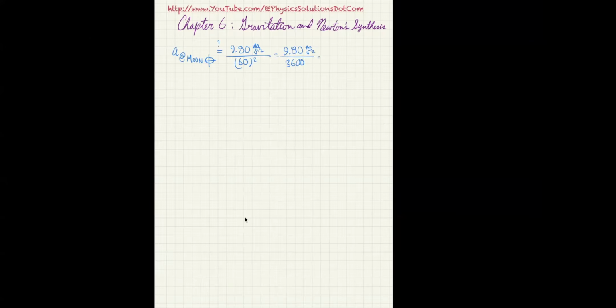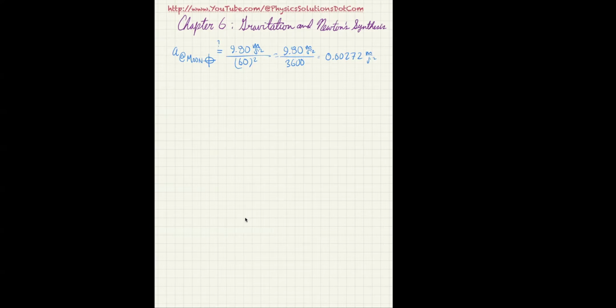I think it's 278, but let's check it out real quick. 9.8 divided by 3,600 gives me 0.00272 meters per second squared. So if he finds the acceleration necessary for the moon to keep that circular orbit is that value, then he can be fairly confident that the force that pulls the moon to the Earth is the same as the force that pulls the apple to the Earth.